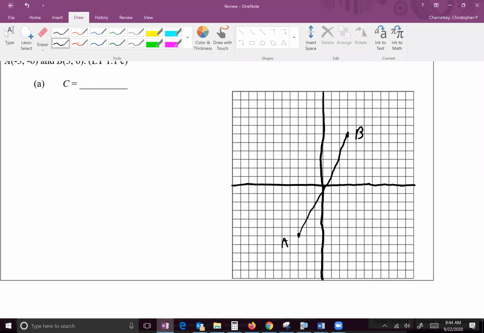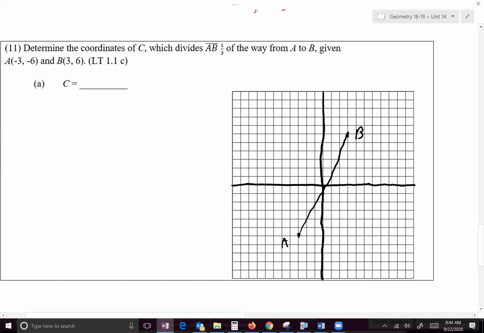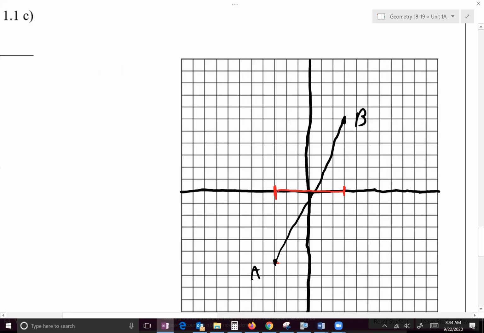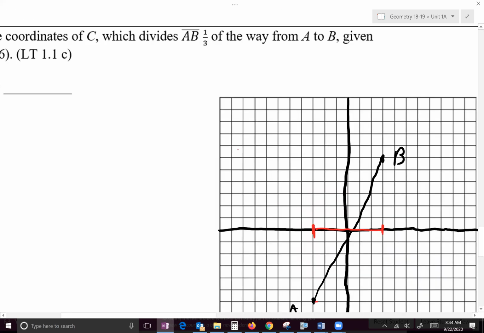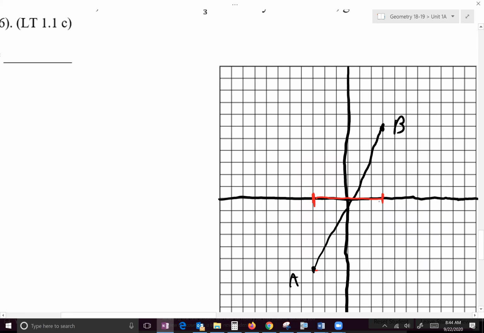So first thing I want to do is find out my horizontal displacement. I'm going from -3 to +3. So if I'm just looking at this section here, that length is 6. 1, 2, 3, 4, 5, 6.